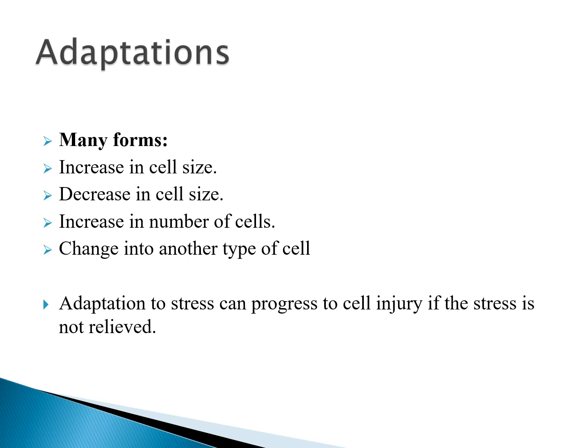However, the function can be changed according to the change in cell size or cell number or the change in the type of cell. The functions can be different from the functions of the normal cell. However, the cell is still functional with different capabilities and still alive.